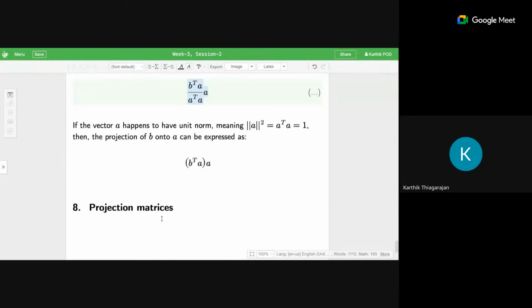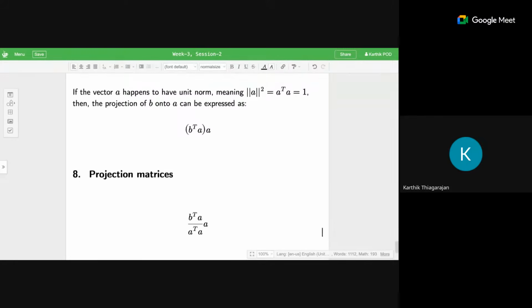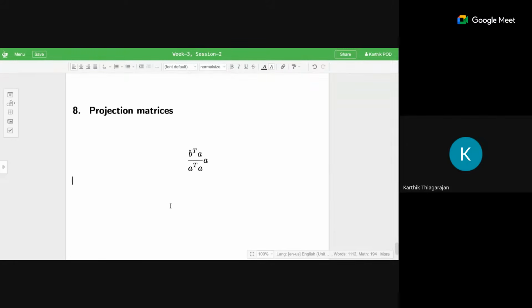If you rearrange things, remember that this can be rewritten. A transpose B transpose A can also be written as A transpose B, and A transpose A remains here.